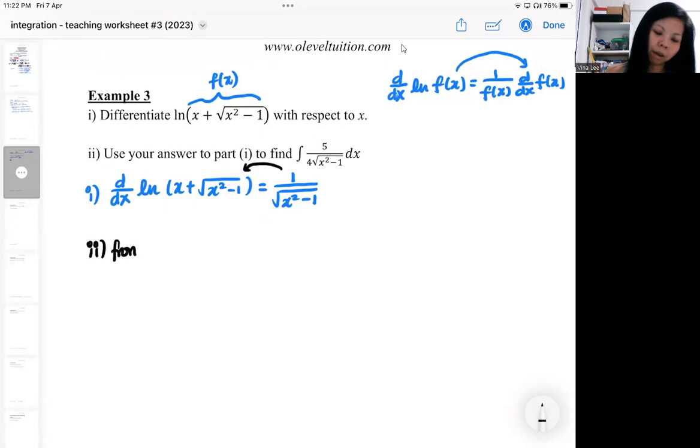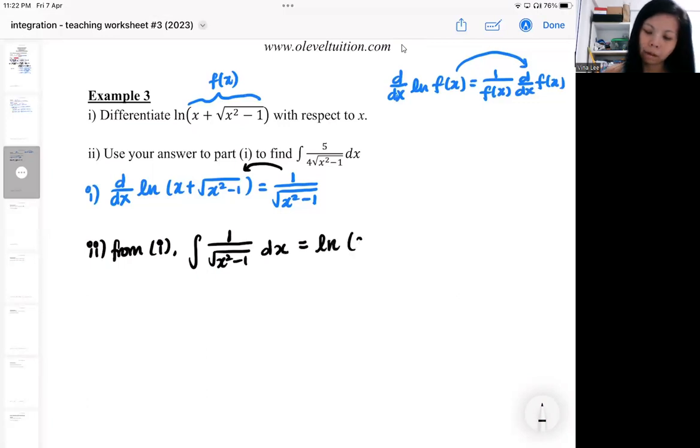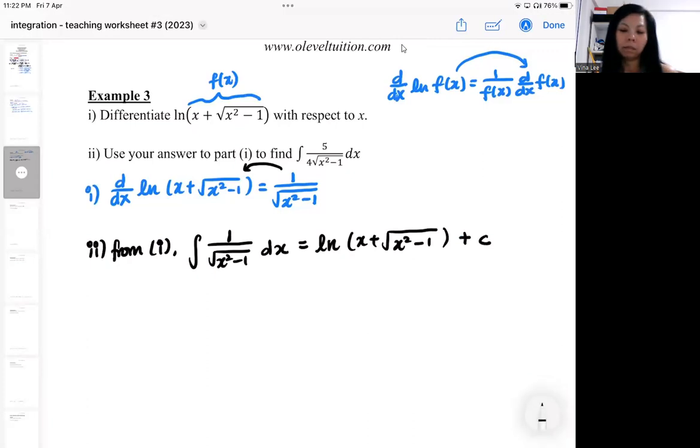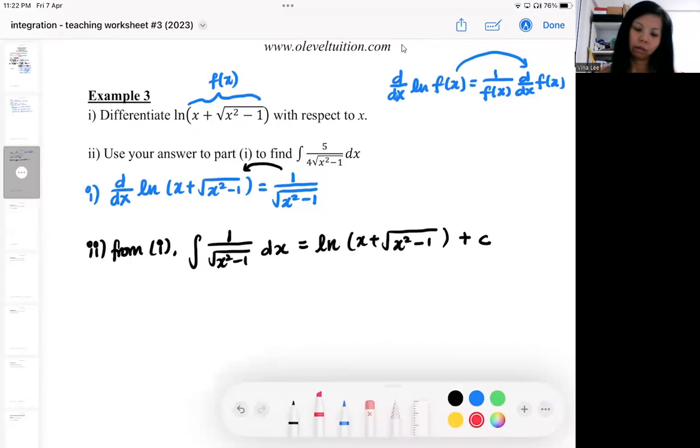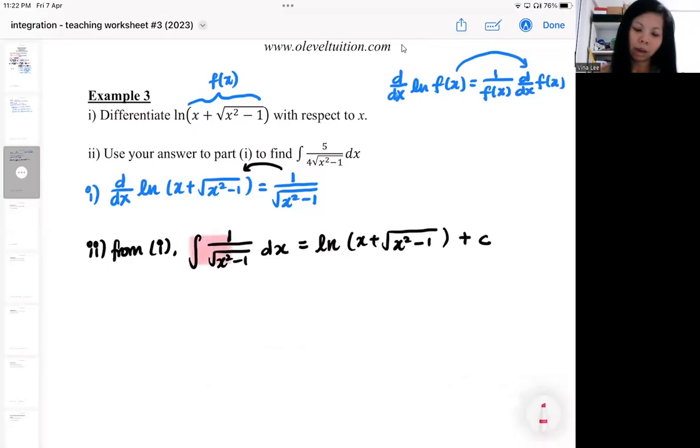So from part 1, I can understand the undifferentiate idea, which is integration. I try to undifferentiate first. After I undifferentiate, which is to integrate, I compare with this and this.